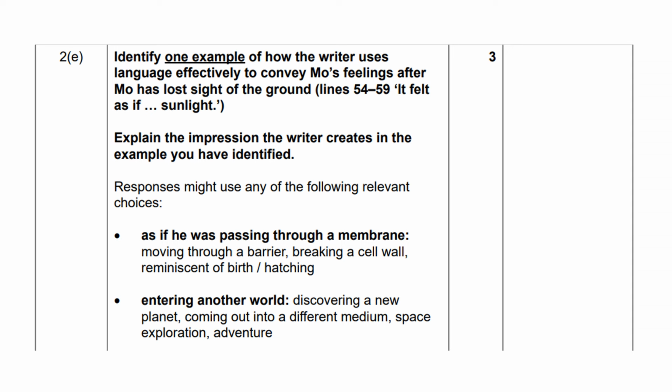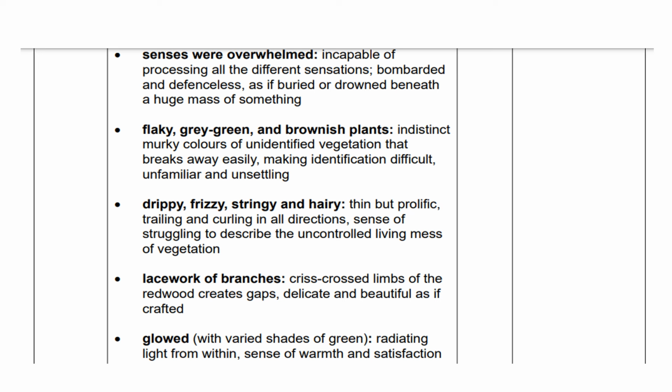You see that you may even just pick up a phrase, a group of words to explain. Like senses were overwhelmed, so incapable of processing all the different sensations, bombarded and defenseless, as if blurred or drowned.